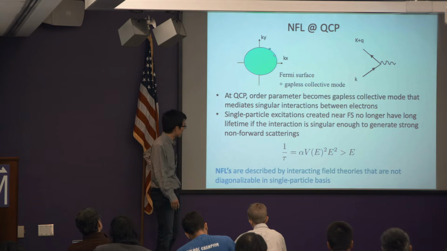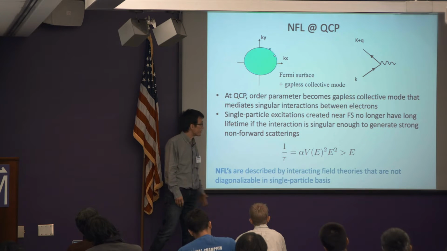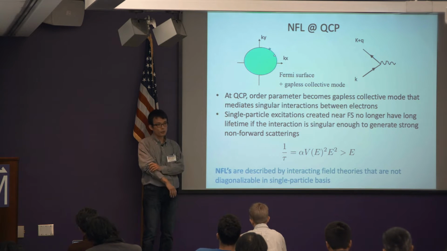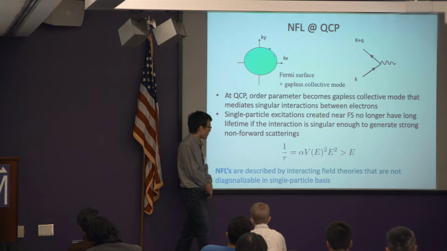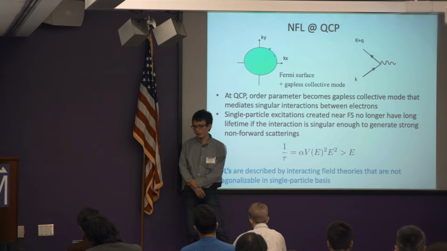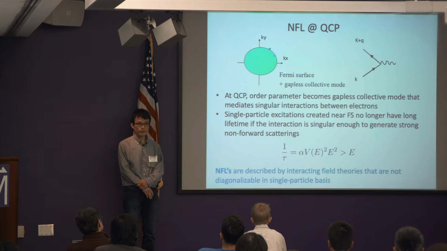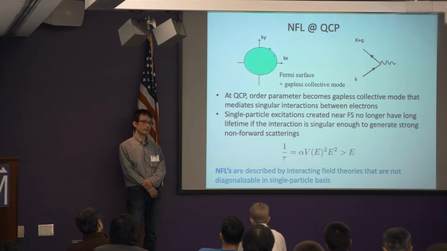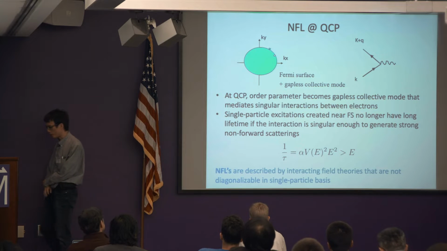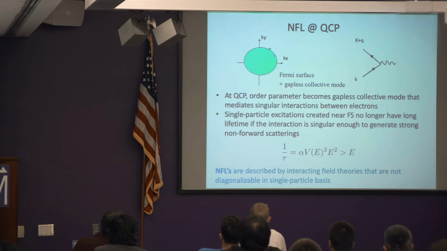Okay, so this is the rough idea. So the theories for those non-Fermi liquid states are interacting field theories that cannot be diagonalized in a single particle basis. Okay, so in a sense, more genuine forms of interacting field theories.